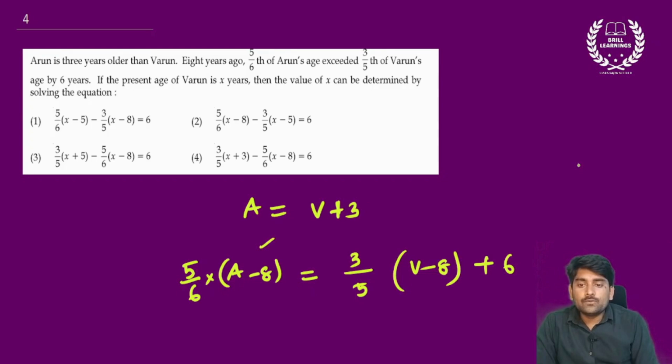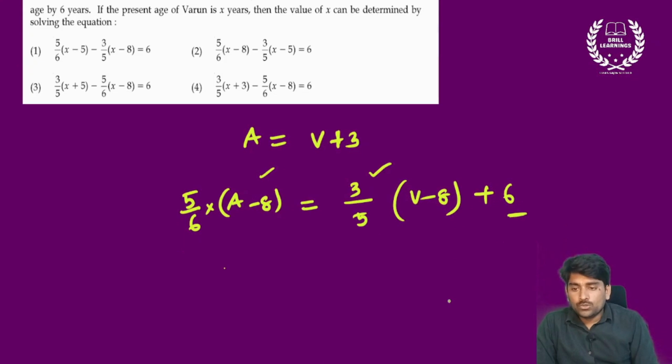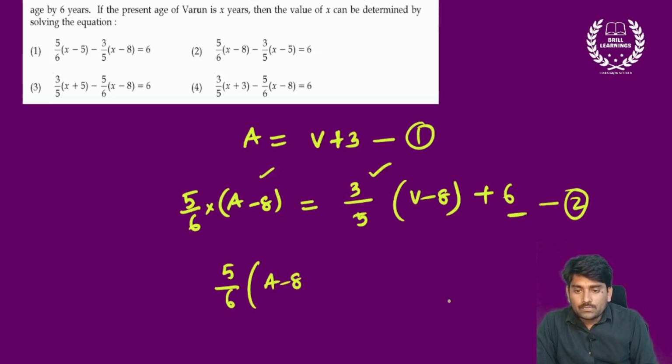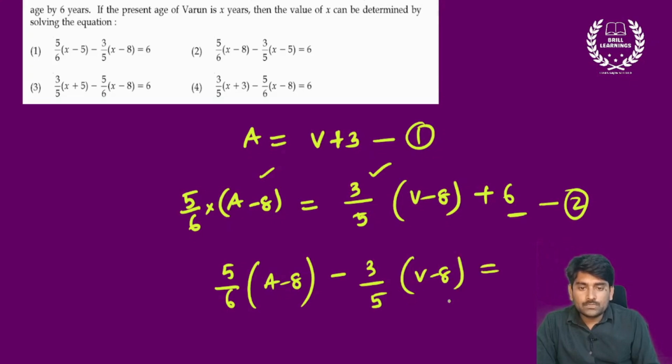The difference between these two values is 6. That is what they are giving. So simplify this equation. If I consider this as 1 and this as 2, so 5 by 6th of (a minus 8) minus 3 by 5 of (b minus 8) is equal to 6.